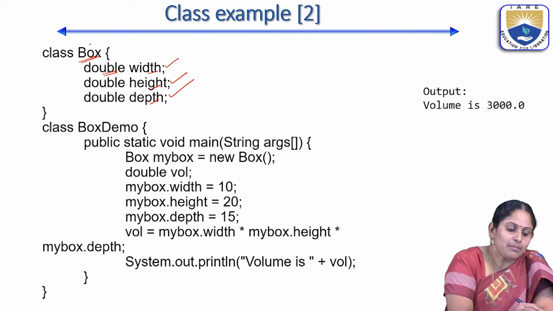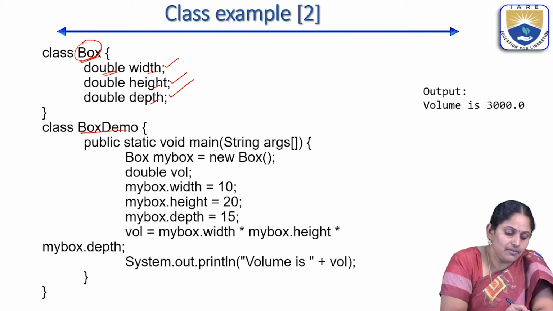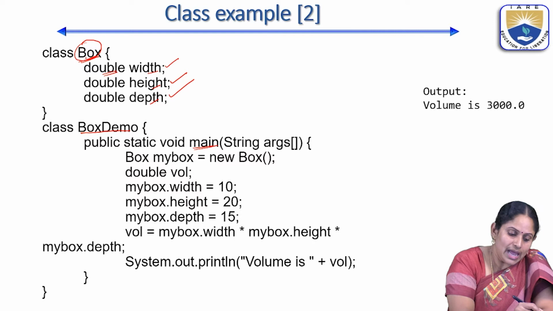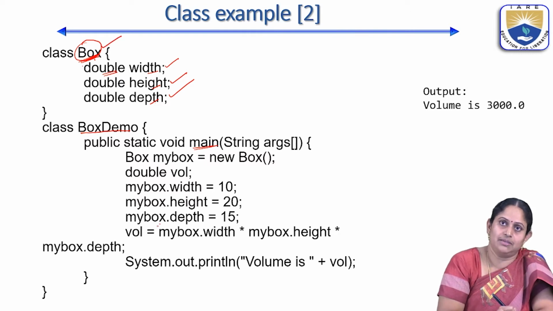Now we are making use of this class in another class. So another class is created which contains the main method. When we want to access the members of the Box class, we have to create an object of that particular class. That means we have to create an object of the Box class inside the main method.